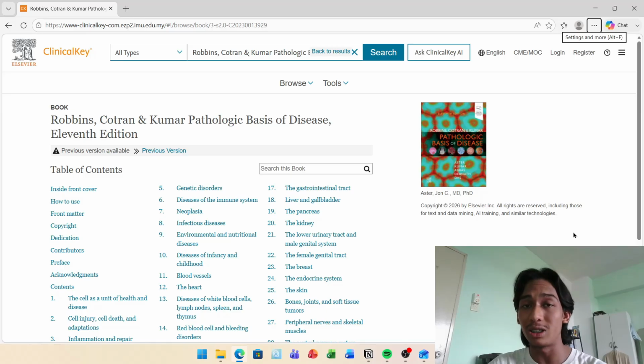I also noticed that the book highlights common exam topics, like differences between benign and malignant, and key diagnostic features of major diseases. Even within the narrow topics, they help you differentiate: disease A and disease B look similar, but they are different, and this is how you can tell them apart, which is a very nice touch in the book.